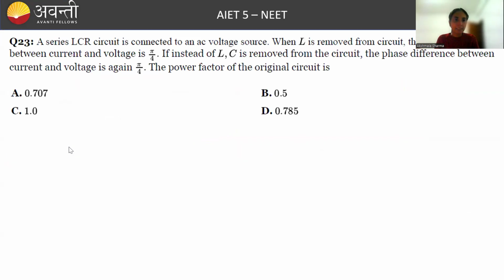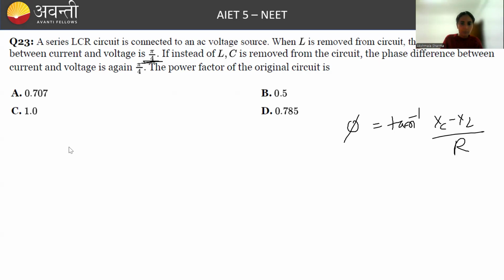Now, a series LCR circuit is connected to an AC voltage source. When L is removed from the circuit, the phase difference between current and voltage is pi by 4. So the phase difference phi is written as tan inverse of (XC minus XL) by R. We have already done this.